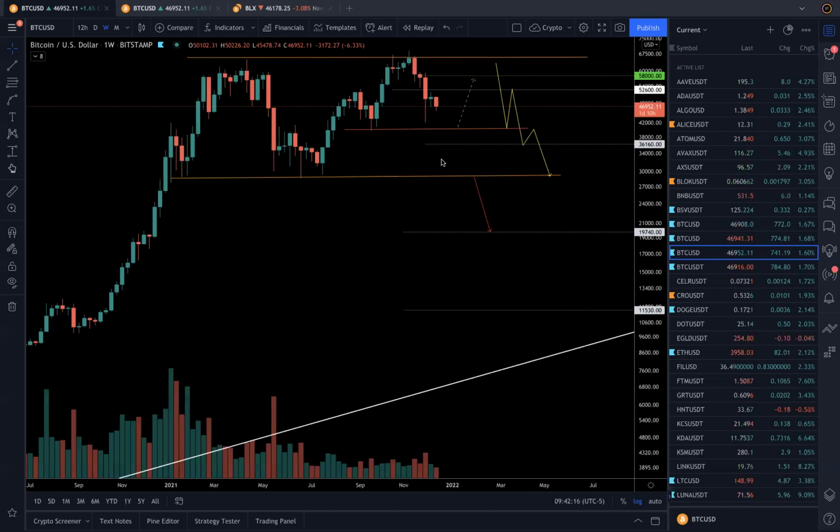People think you're crazy because that's the most expensive, but they don't understand that above the all-time high is price discovery. That means there is no boundary, there is no resistance. I mean, there's always resistance down the line, but the point is there's no immediate resistance. It's like going into outer space.